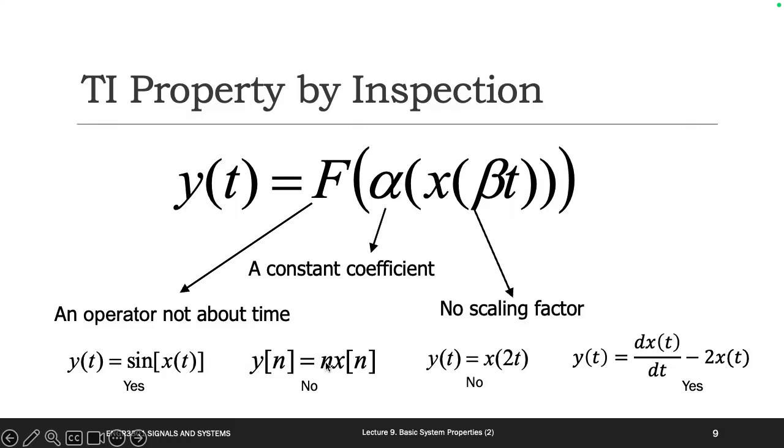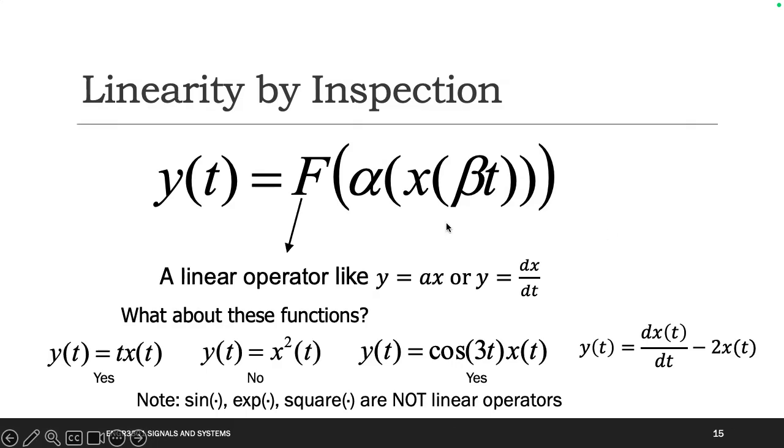Actually, you mainly focus on time. You can see from the name TI, time invariance, which means you focus on the time, am I right? But for linearity, you mainly focus on the operator, on the signal.